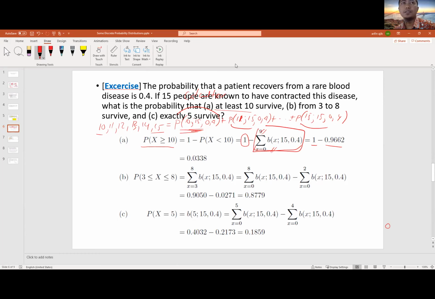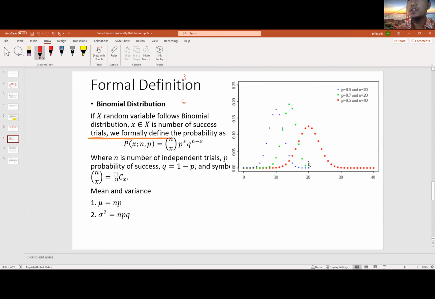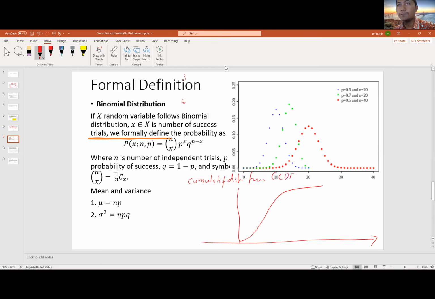You can see here, back to the formal definitions, this is a probability distribution function, and there is another graph, the cumulative distribution function, or CDF. How do we compute the cumulative?